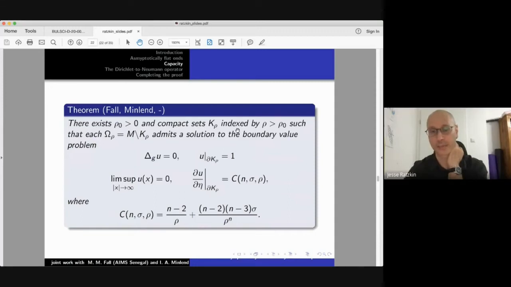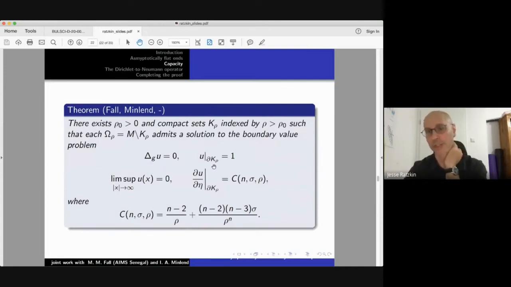So there exists a rho naught and compact sets K rho, indexed by rho greater than rho naught, such that on the complement of each K rho, I get a solution to this particular overdetermined boundary value problem.